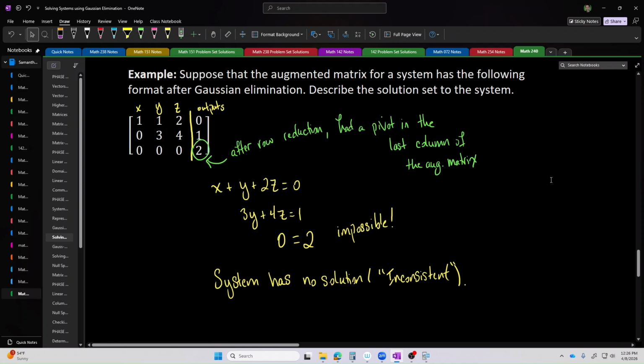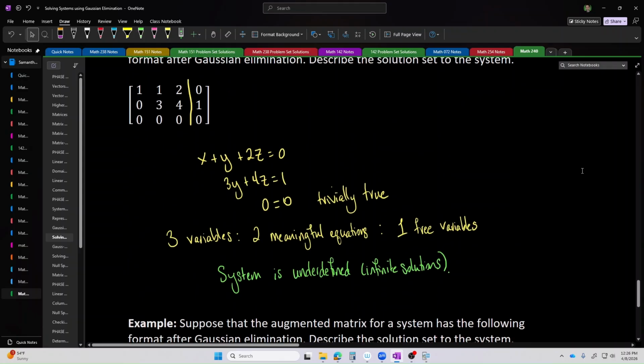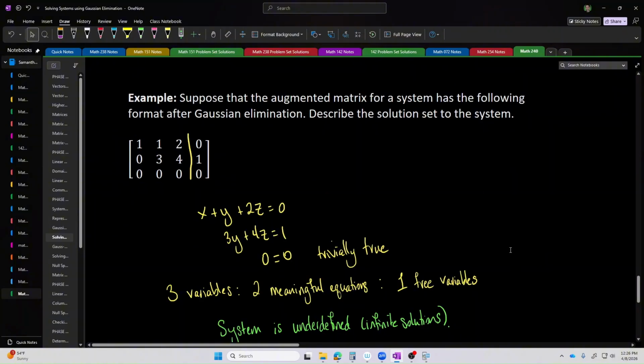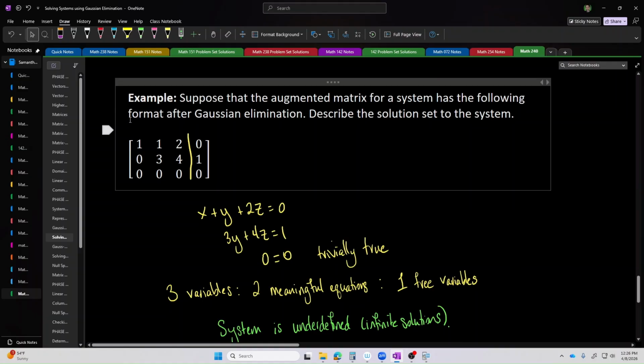So this is a situation where the augmented matrix is telling you that your system is inconsistent and there are no solutions. By contrast, if you have a row in your matrix that consists completely of zeros, there is a chance that your system is underdefined. Really, what you need to do is take stock of how many variables your system has and how many meaningful equations your system has as well.